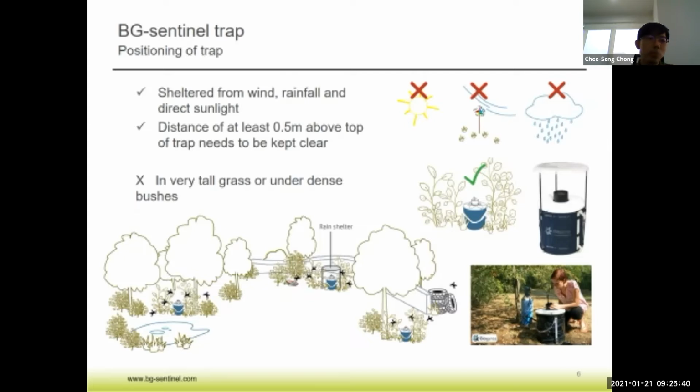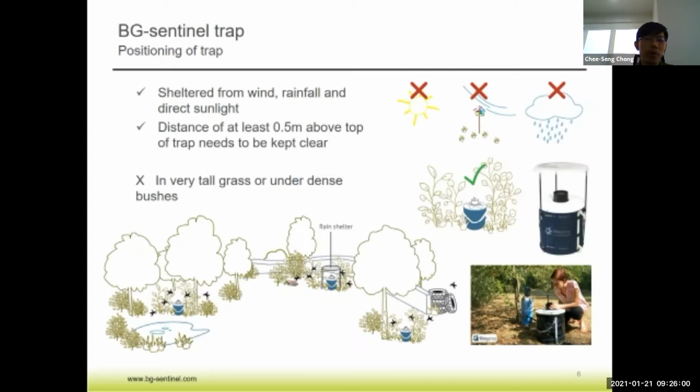We like to put them under shelter, shade, and so on, so that it's more conducive. Rainfall can damage the trap itself, and not just that, it will also damage the specimens in the trapping surveillance system itself.